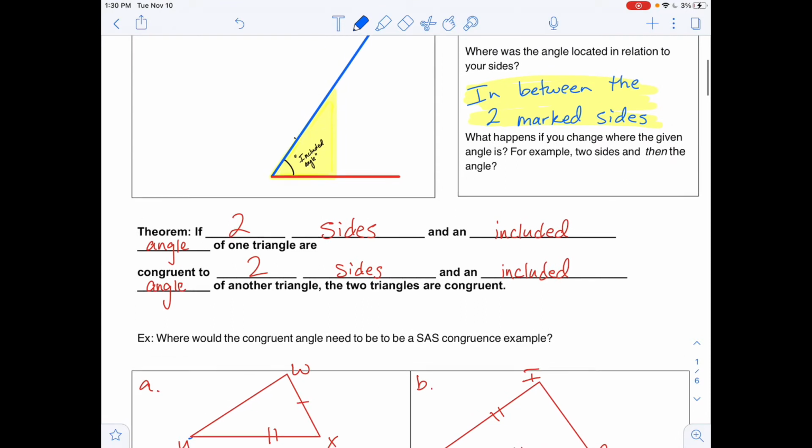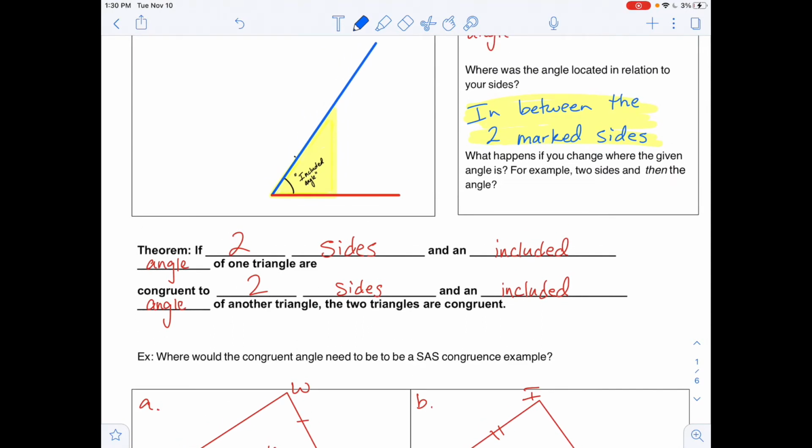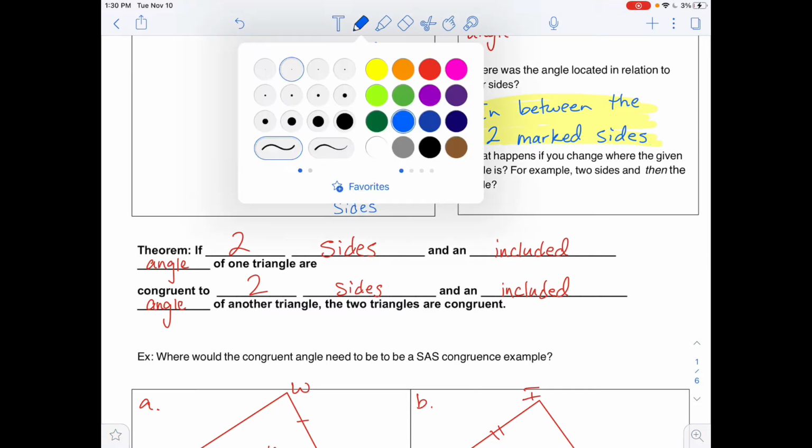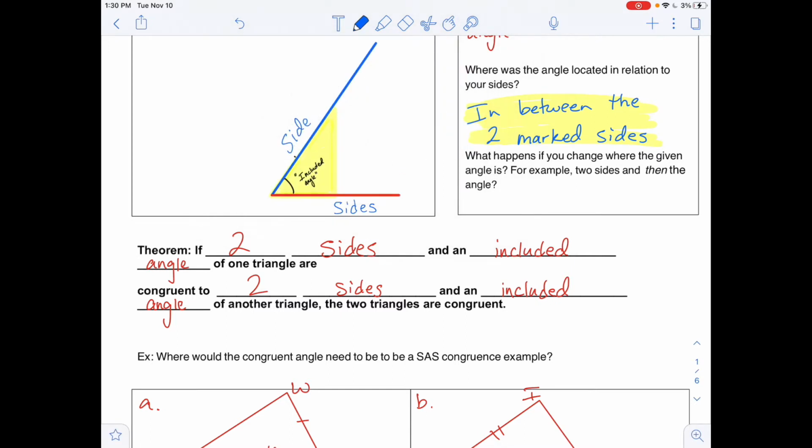And when I'm talking about side angle side, here's my two sides. I need two sides, and I need what we call an included angle. That included angle, we can see in that highlighted portion, is the angle that we call the included angle.